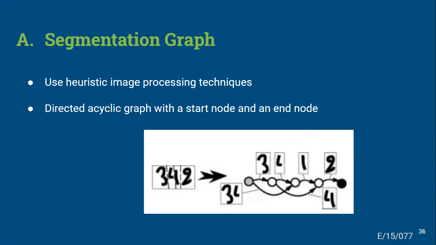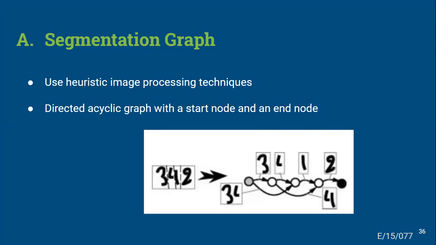The idea is to use heuristic image processing techniques to find the candidate cuts of the word or string, and then use the recognizer to score the alternative segmentations thereby generated.